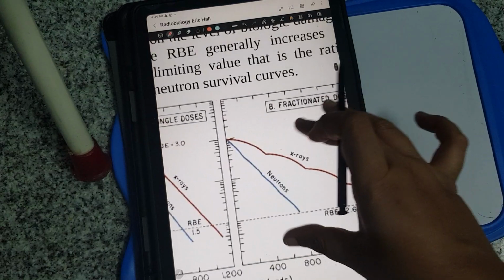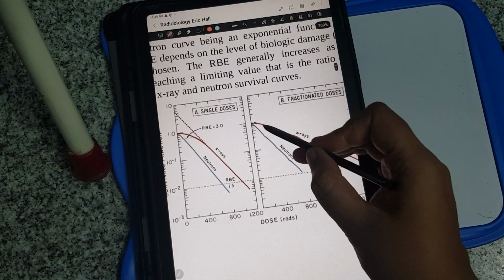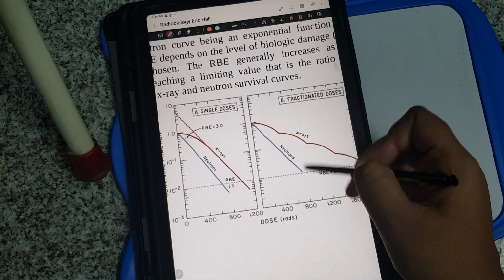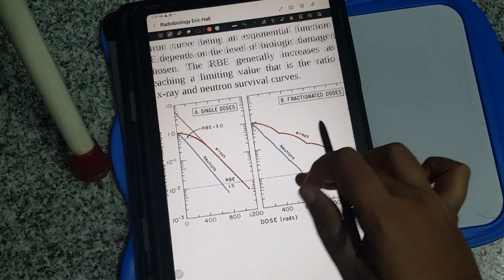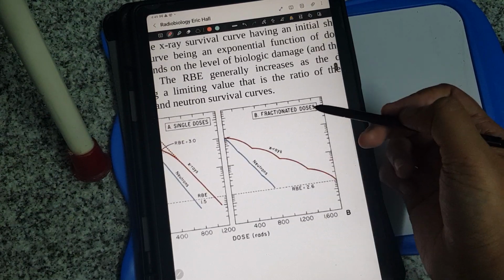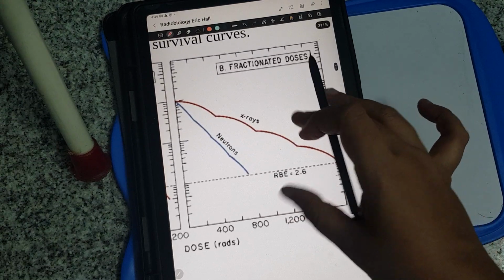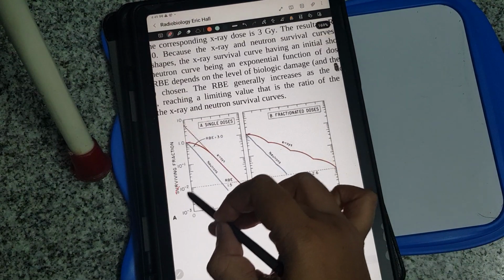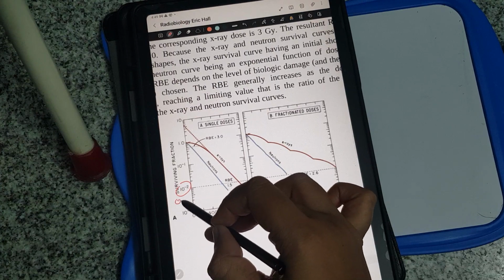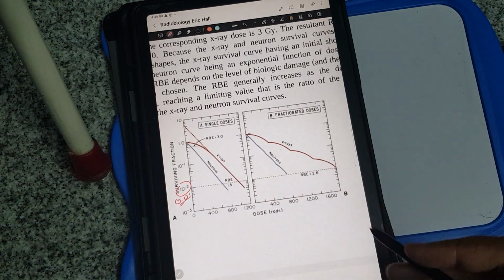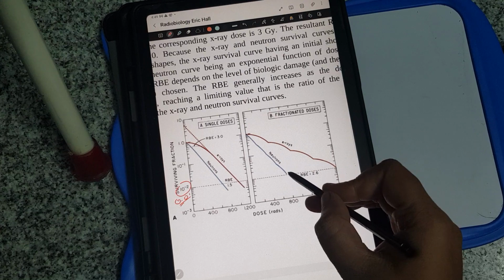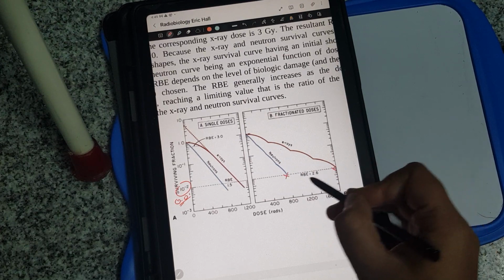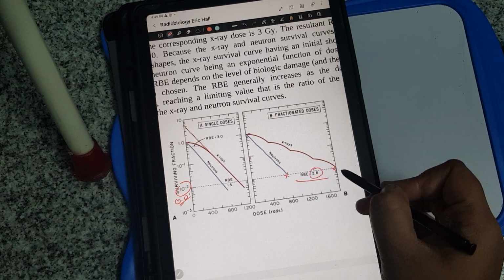Now if you take a fractionated dose, if you're giving it in 4 fractions, we are comparing the same RBE in this. To get the same effect of 10 to the power of minus 2, if you're giving in fractionated doses, the RBE is more. The RBE is 2.6.